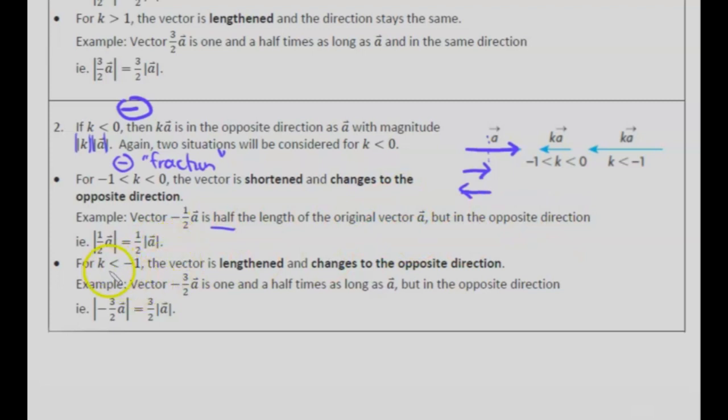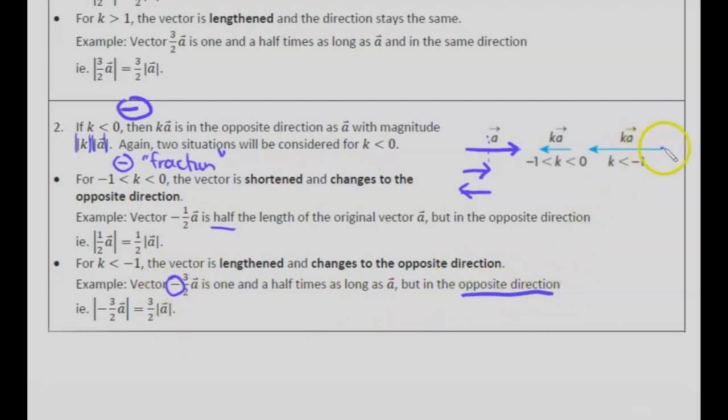And now K is less than -1. So again, K is a negative number, and the number itself is greater than 1. For example, vector -3/2 A is 1.5 times as long as A, but because of this negative symbol, it's in the opposite direction.